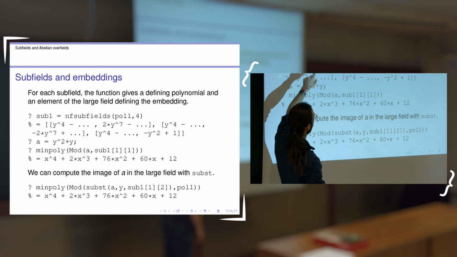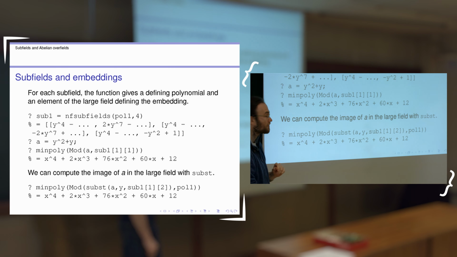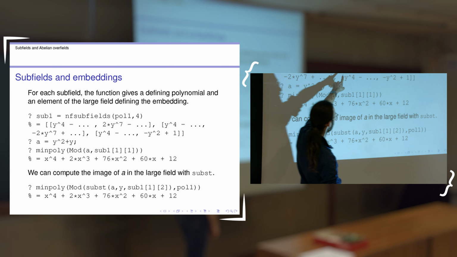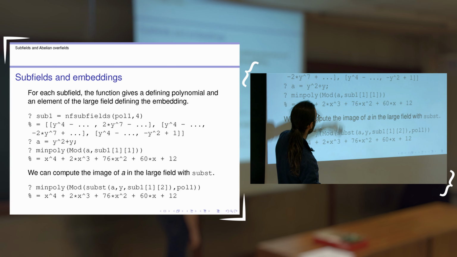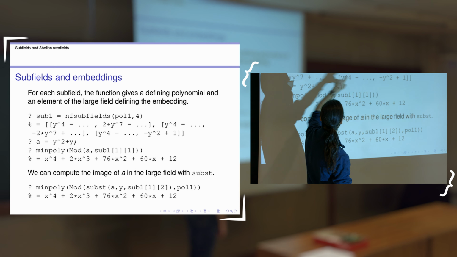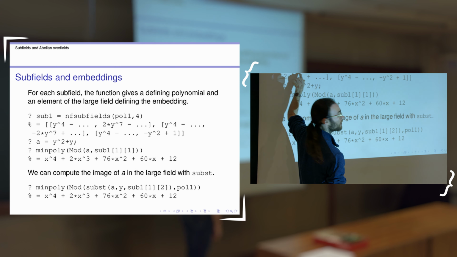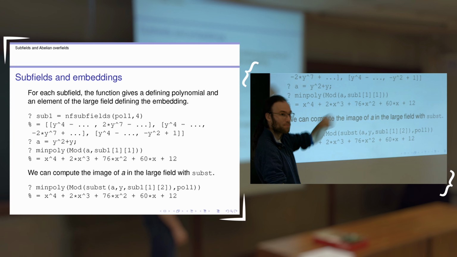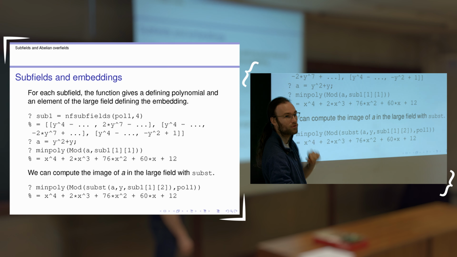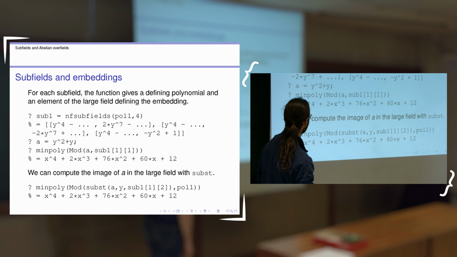First, you get a defining polynomial for the subfield, and then you get a second element, which is a root of that polynomial in the big field. So it defines a map that's an embedding of the small field inside the bigger one.